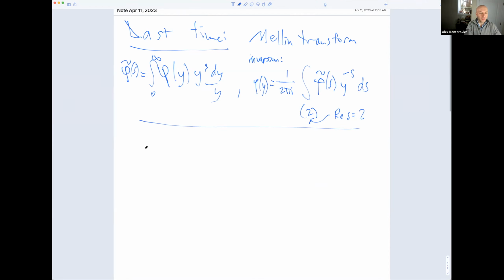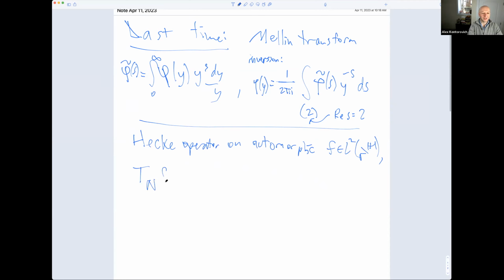Then we talked about Hecke operators on automorphic functions f, let's say in L2 of H mod Gamma. What is the nth Hecke operator? So at z, T_n f is a function.